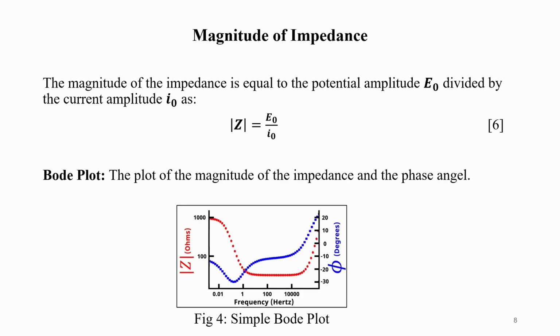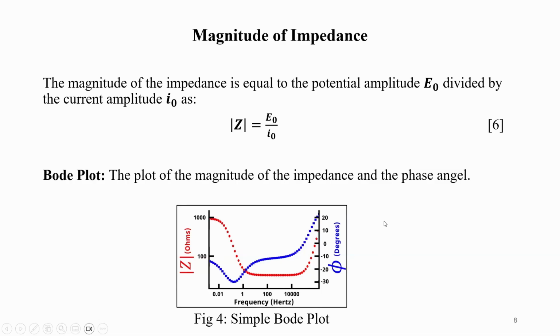And if you look at the figure below the formula, you can see a plot. The red dotted curve shows the magnitude of the impedance versus frequency, and the blue curve shows the phase angle. The x-axis is frequency on a logarithmic scale, and one thing we notice in the figure is that impedance usually changes with frequency, and sometimes it drops sharply and then rises again.